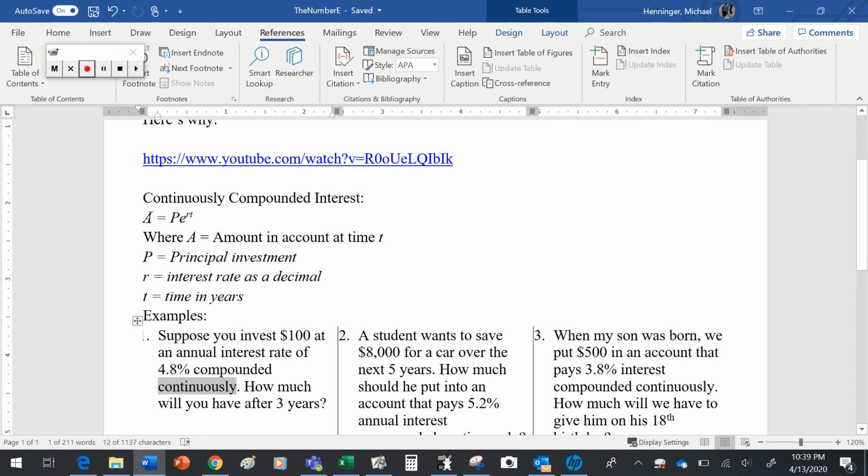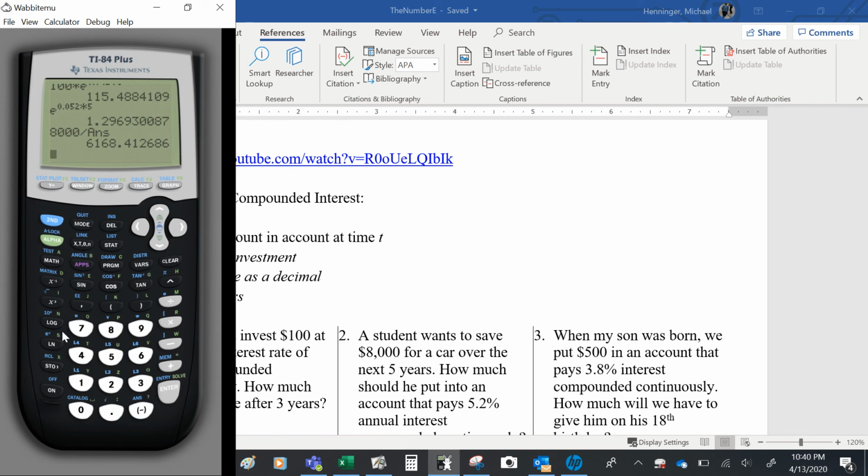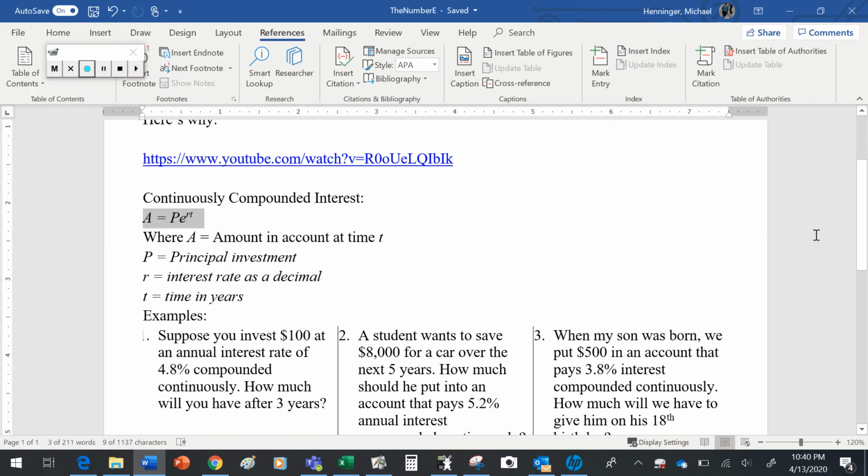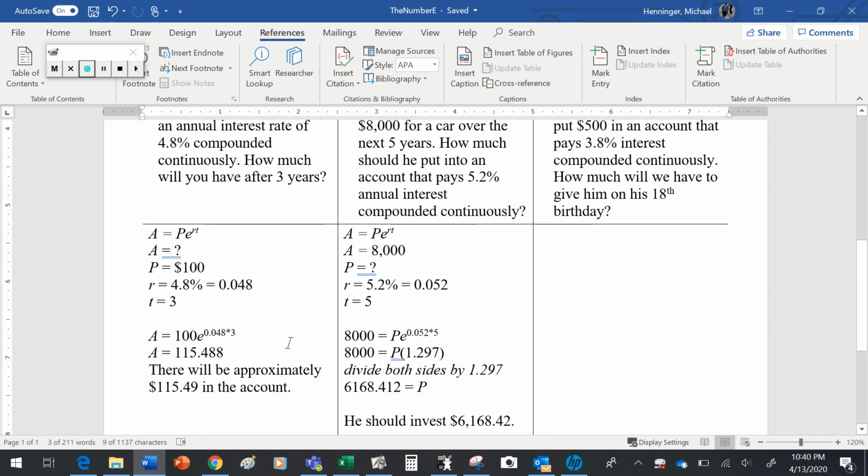Once we have that phrase, we know to use that formula. To find e on the calculator, if there's no button for e, what you're looking for is ln, and I can just about guarantee that if ln is the button, e is going to be that second function.